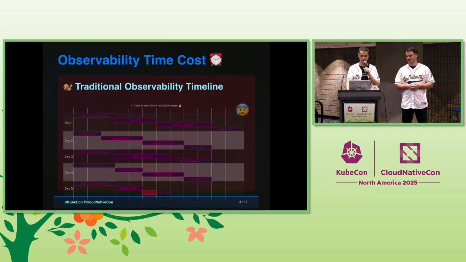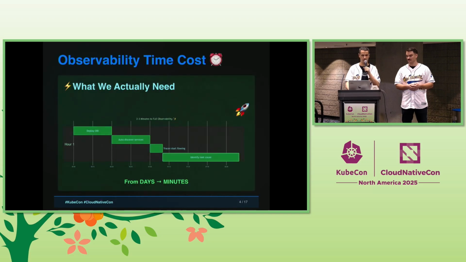So ideally, the letter to Santa will be: I deploy something, this something auto-discovers all my services and starts emitting traces and metrics to a collector. So immediately I can start identifying the root cause. We want to go from days for instrumentation to minutes.